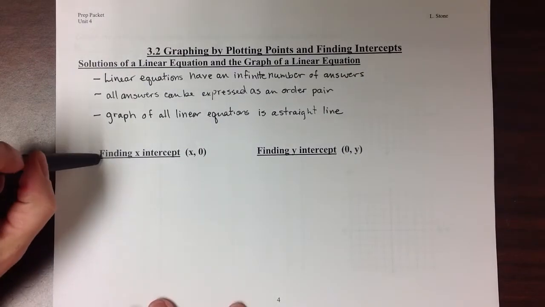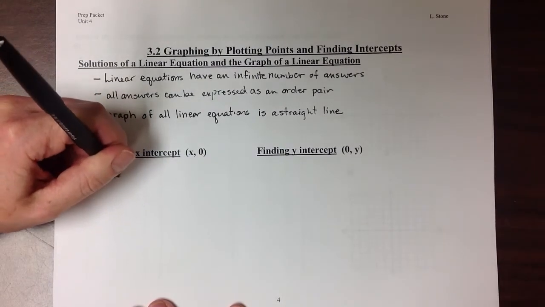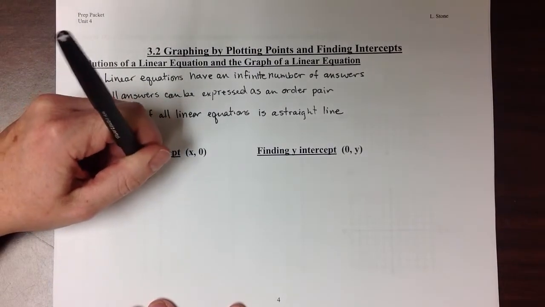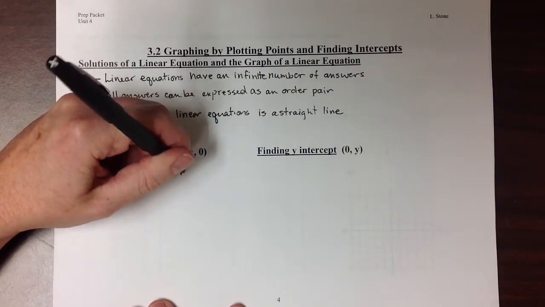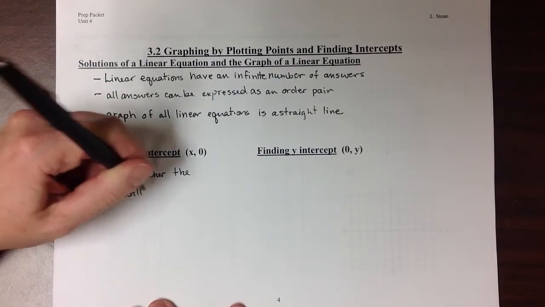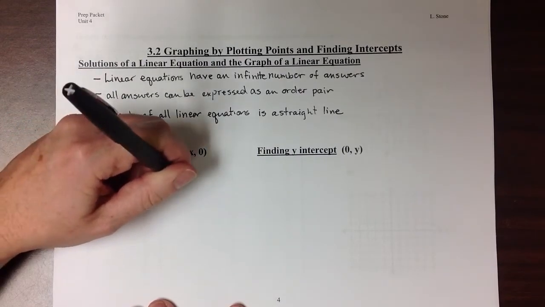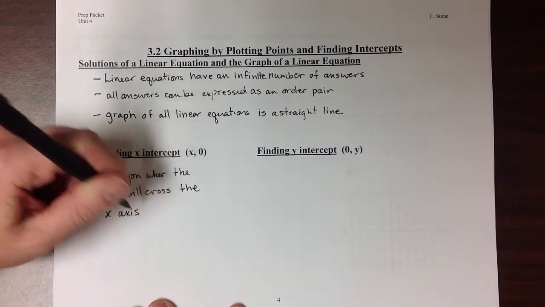So the x-intercept will tell you where the line will cross the x-axis. Okay?